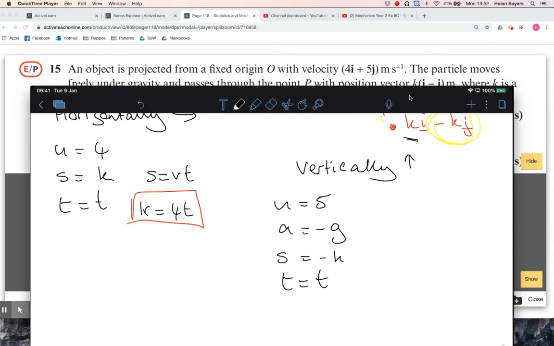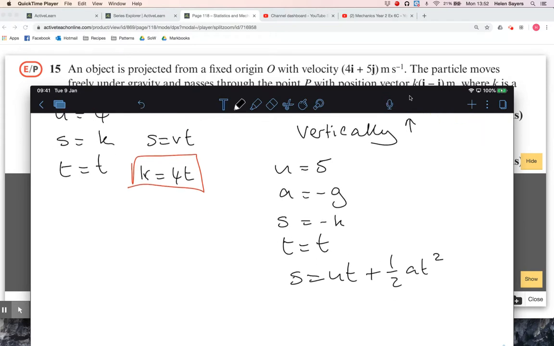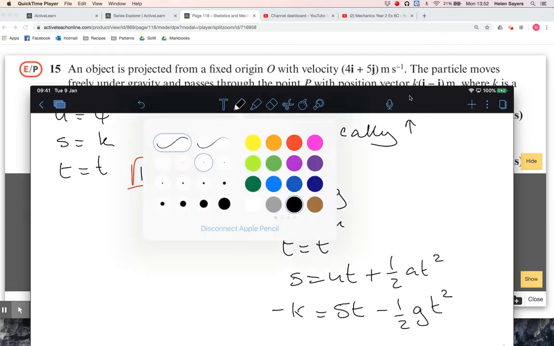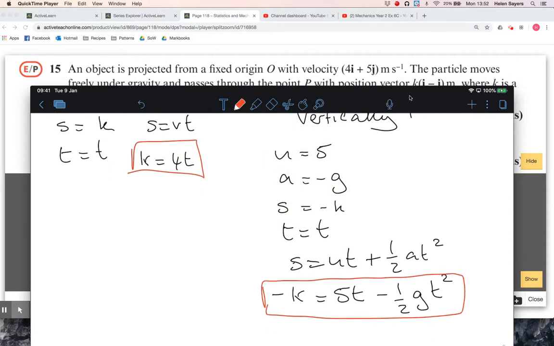So I'm going to use s equals ut plus a half at squared. So s is minus k, u is 5, a is minus g, so that's going to become minus a half gt squared. Okay, and if you've worked through the previous questions, this is a harder one, but it's very much following the same structure as a lot of the earlier questions, in that I've got two equations.